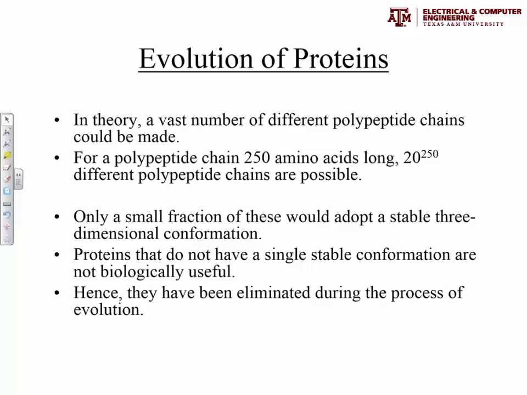And proteins which do not have a single stable conformation are not biologically useful, because in one situation it might function one way, in another situation it won't function at all. So nature has its way of eliminating anything that is not useful. It's the survival of the fittest. Hence they have been eliminated during the process of evolution, and you don't see them.